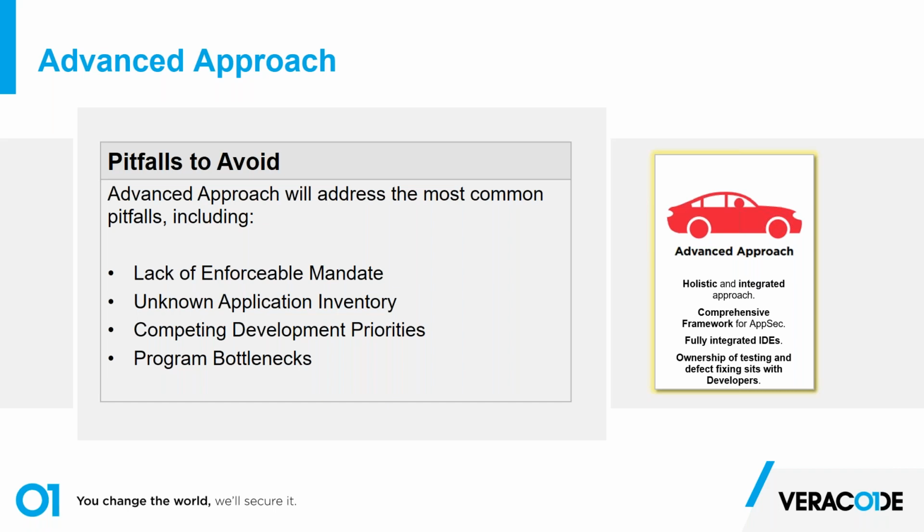And then program bottlenecks. There are a lot of bottlenecks, especially in older companies and teams that are used to a more manual or reactive approach, where maybe they were only doing 20 apps a year and there was one person testing them all. That's not going to scale as you go to 50, 100 apps and more.